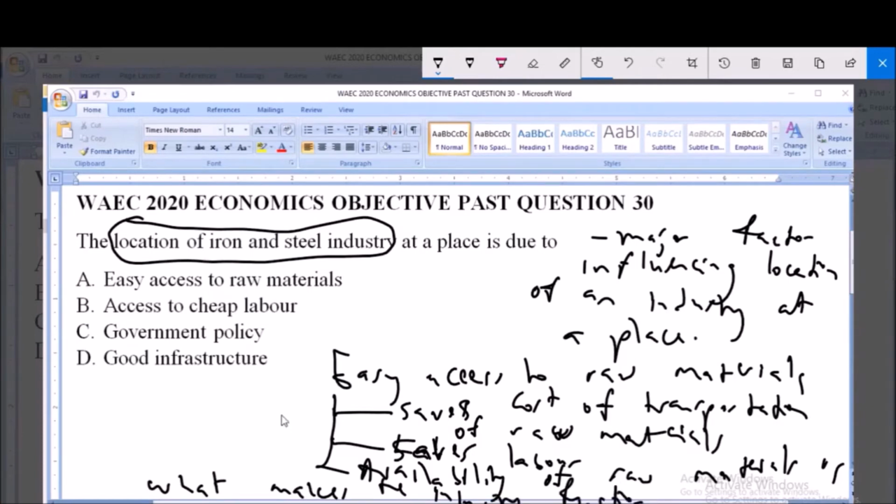In an iron and steel industry, where you need the raw material iron ore, having access to iron ore is what will make the industry function. The day you cease to have the raw material is the day the industry ceases to function. So easy access to raw materials, option A, is the most important factor to consider when locating an iron and steel industry and even any other industry.